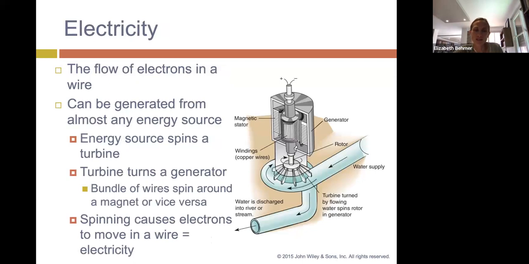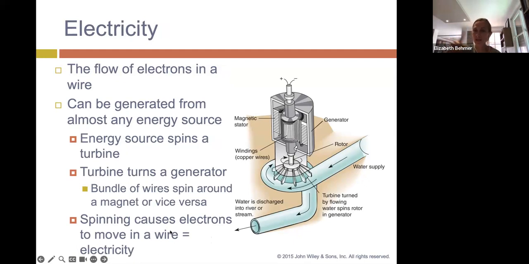The flow of electrons in a wire is what is equal to electricity, and it can be generated from almost any energy source. The energy source spins a turbine. The turbine then turns a generator, which is a bundle of wires that spin around a magnet or vice versa.